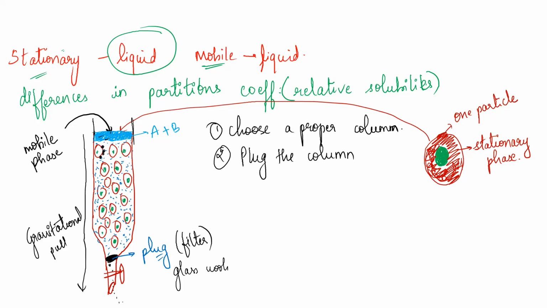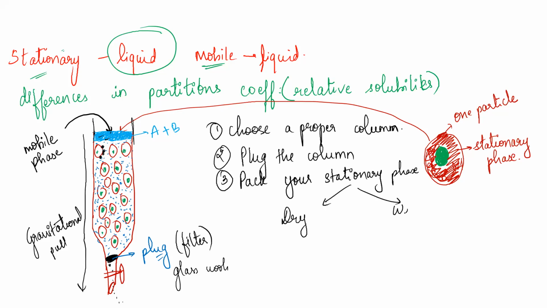Then you have to pack your stationary phase. Now, packing of the stationary phase can be done in two different ways. Either you do the dry packing or you do the wet packing. So what do you mean by dry packing?